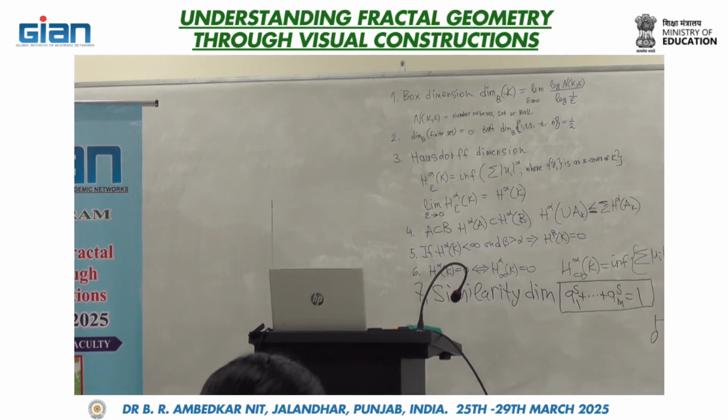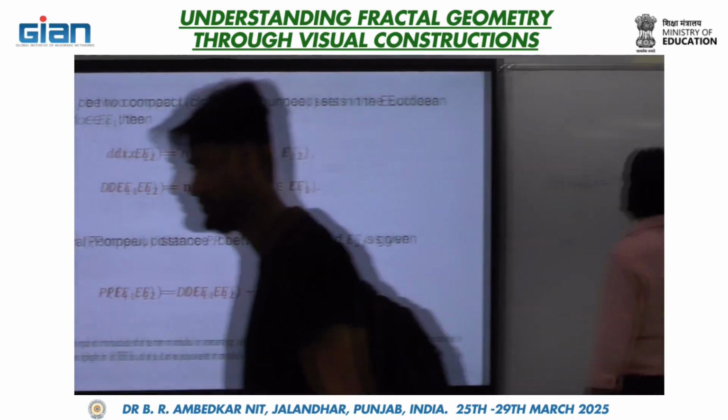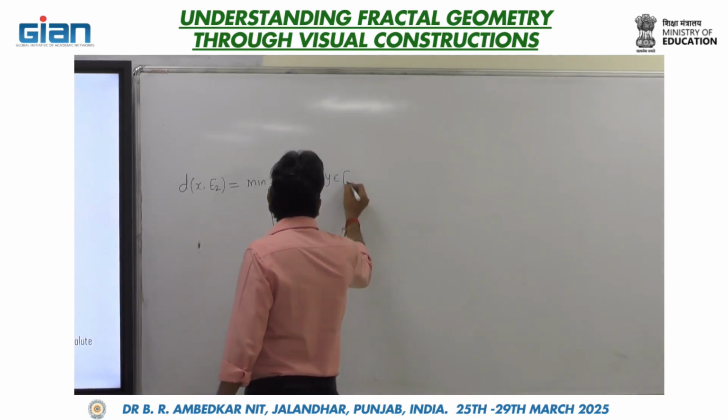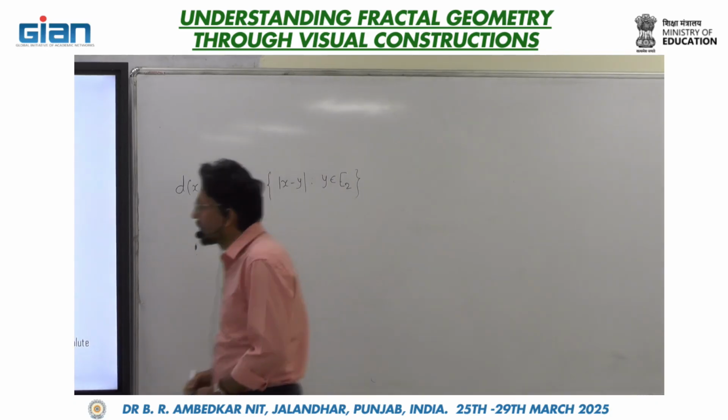So the first distance we are defining is d of x comma E2, and this is the minimum of modulus of x minus y such that y belongs to E2.